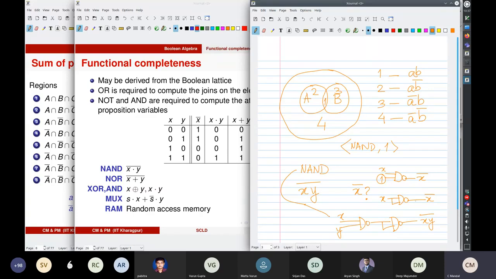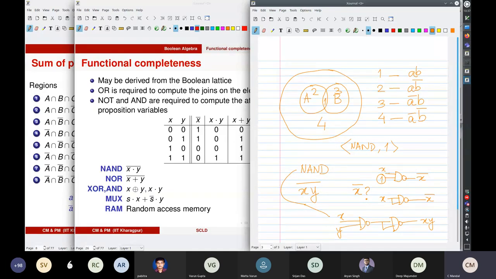Sorry, I made a mistake. This will give you XY, not XY bar. And then using De Morgan's laws you can get OR as well.